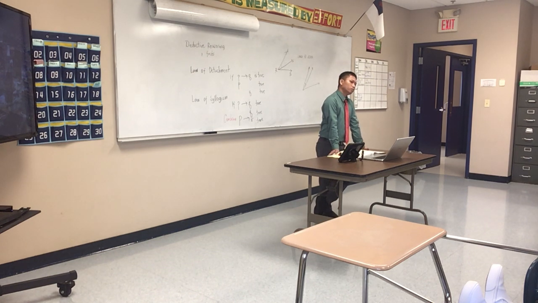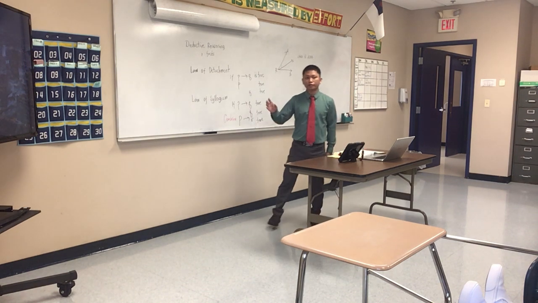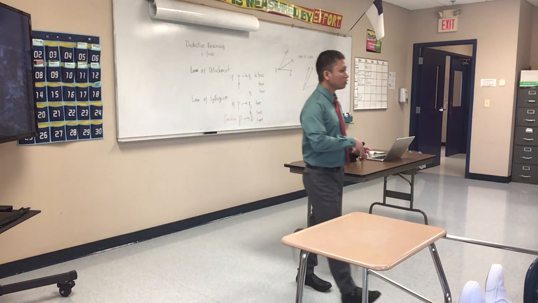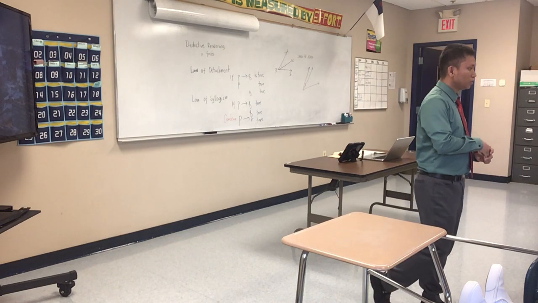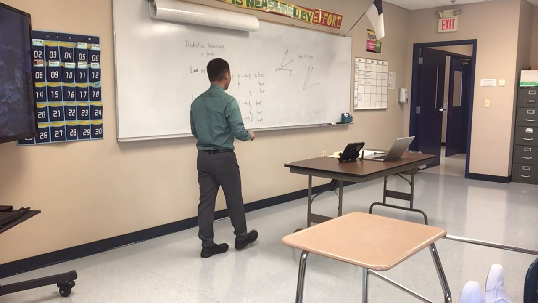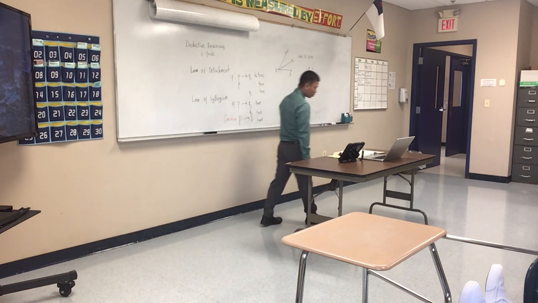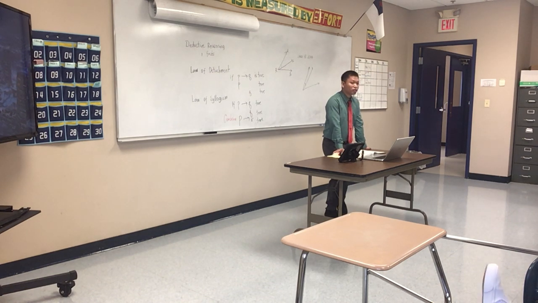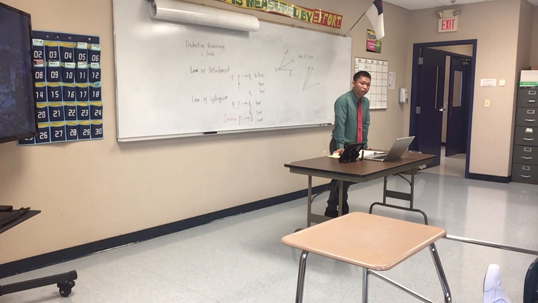Does the conclusion of the first statement match the hypothesis of the second? Yes, so the conclusion would be, if a whole number ends in 0, then it is also divisible by 5.